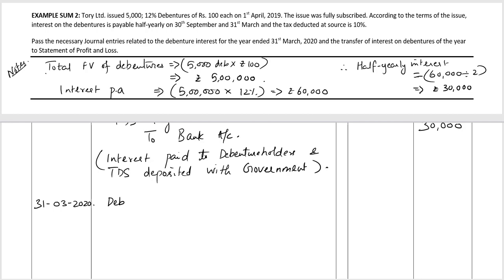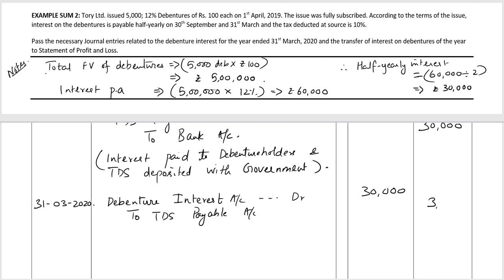Again, we need to make the half yearly interest due entry. Debenture interest account debit, half yearly interest amount 30,000 rupees, to TDS payable account, 10% of 30,000, 3,000 rupees.